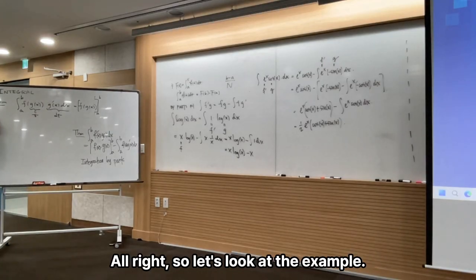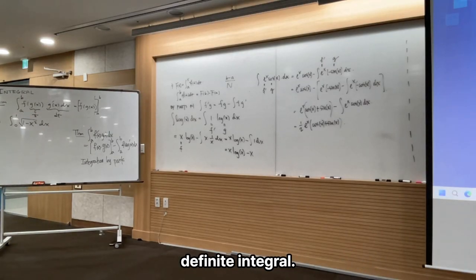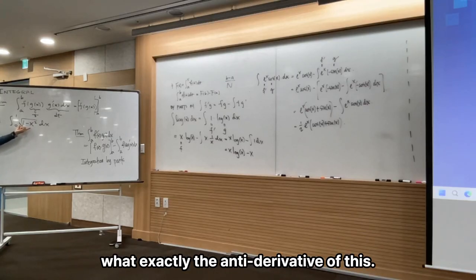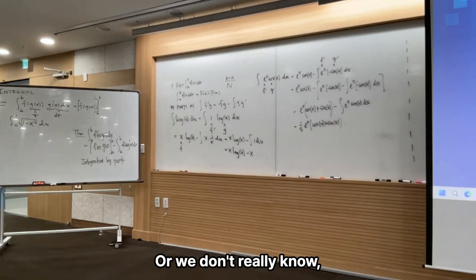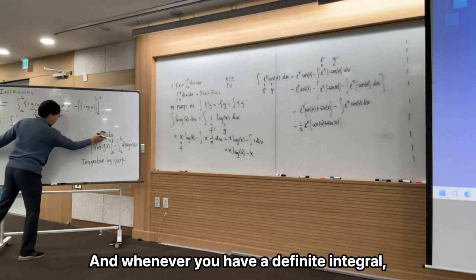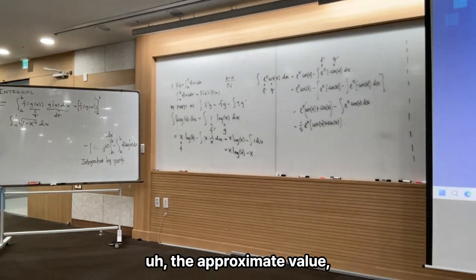All right, so let's look at an example. Let's say you have this definite integral. We don't really know what the exact antiderivative of this is. I mean, you can find the approximate value by definition, right? And whenever you have a definite integral, you can always find the approximate value.